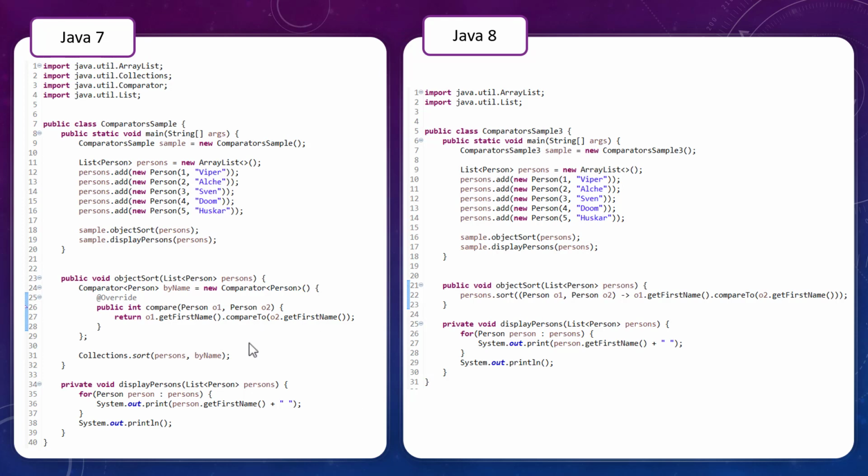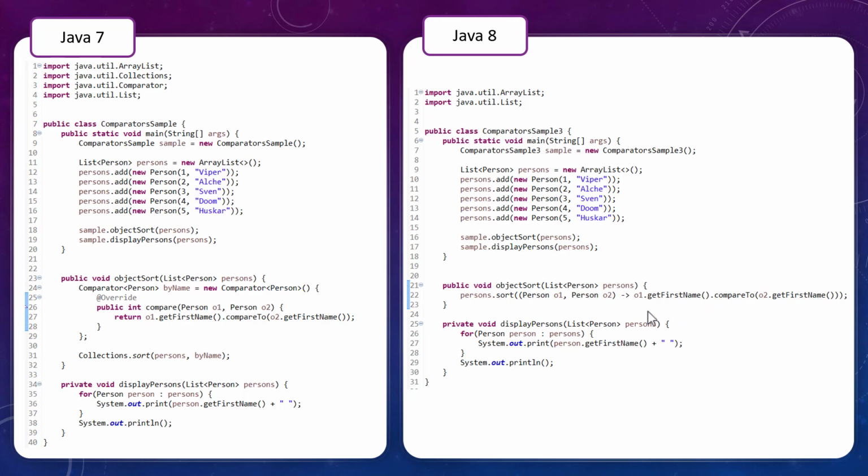Now in Java 8, how are we going to do this? Our main method is actually the same, no changes on that. displayPersons is also the same, we just loop through the entire list. The objectSort method is the changed part for Java 8. We just type in persons.sort and then pass in the lambda expression: person1, person2, then the arrow, and then the body.